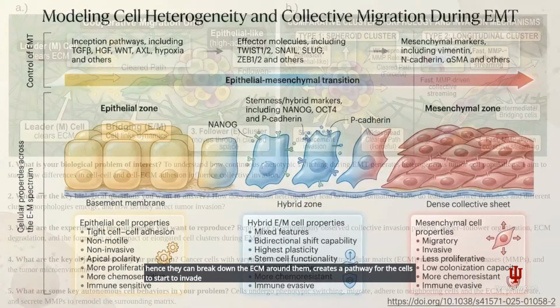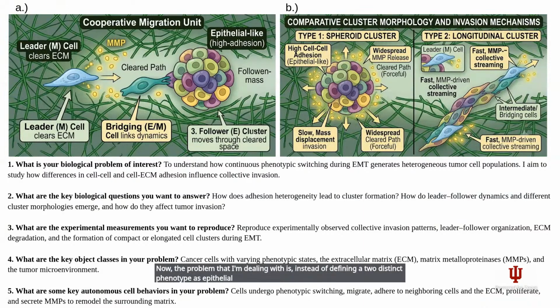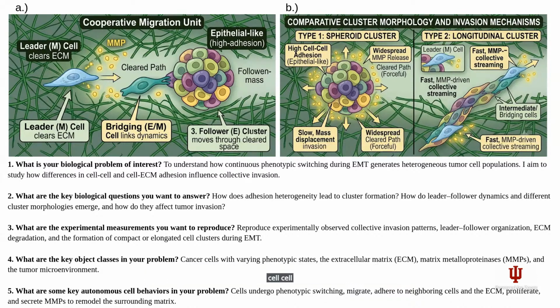Now, the problem that I'm dealing with is, instead of defining two distinct phenotypes as epithelial and hybrid, we can consider the heterogeneity of the tumor with a collection of cells of varying levels of adhesion strengths, both cell-cell and cell-ECM, thus creating a heterogeneity depicting how real tumors look.